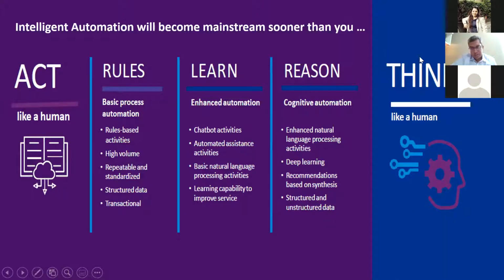Well, of course, thinking like a human is the holy grail, and while we can always utilize self-driven cars as a model to say machines are already thinking like us.